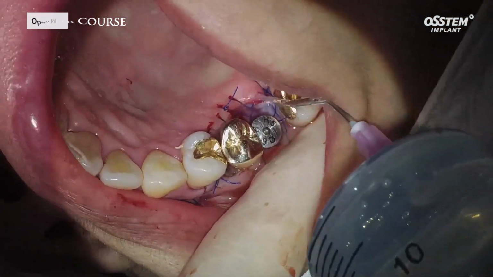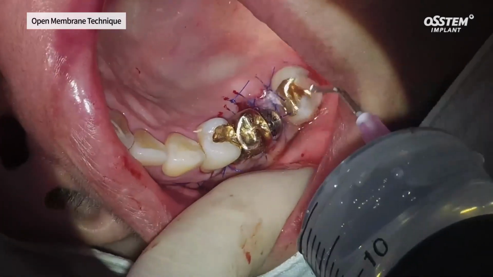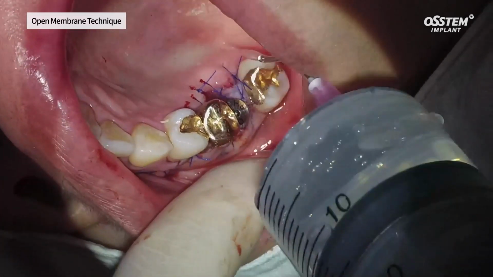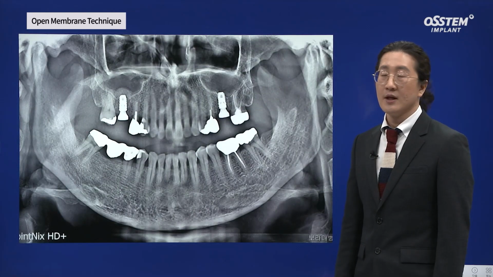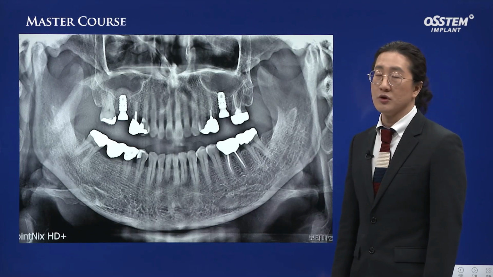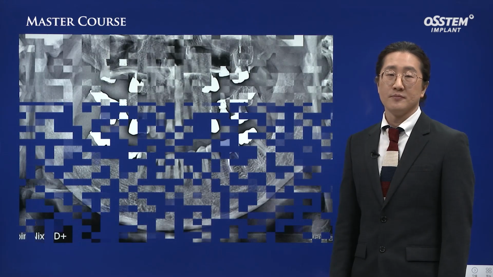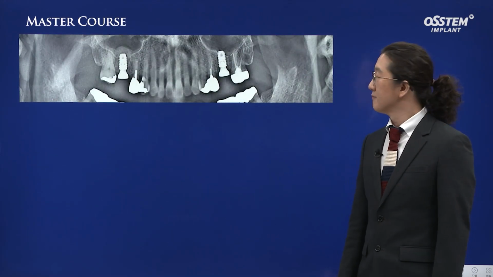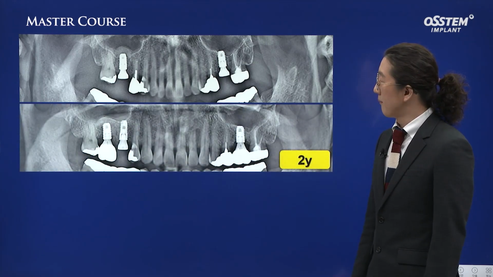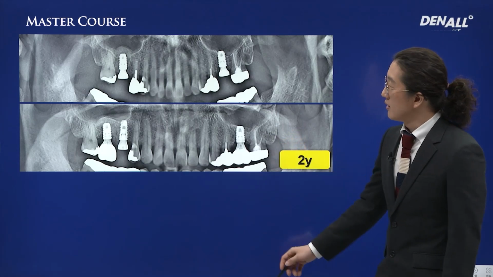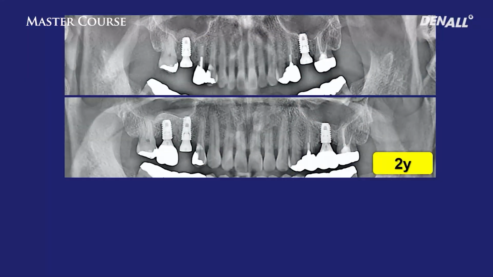In number 16, in the same way, I tried to reduce the amount of exposure as much as possible and completed surgery. This is the panoramic image after implant placement. This is 2-year post-op as shown on this image. Number 26 looks okay, but in number 16, there's about 1 to 2 millimeters of crestal bone loss.